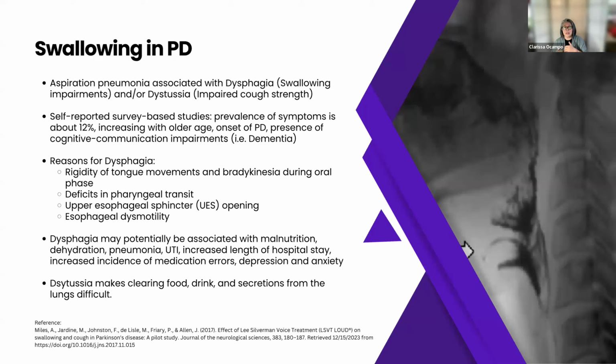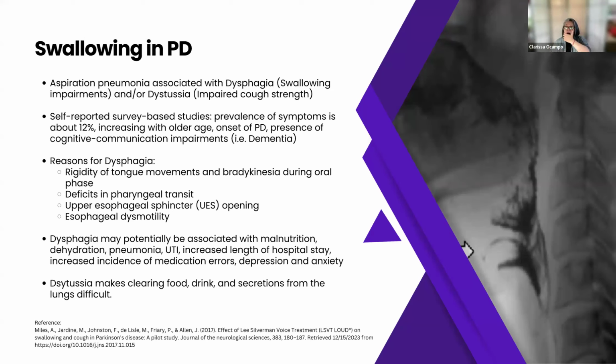Now, there's also other reasons for dysphagia, wherein now the larynx, again, you have muscles that are attached to the larynx that move the larynx up and down. The larynx has to move up and over for you to complete a swallow, right?